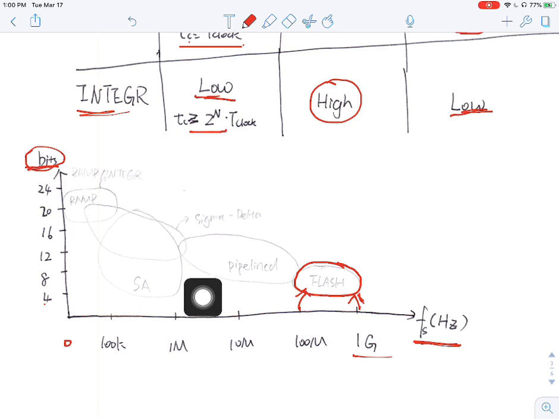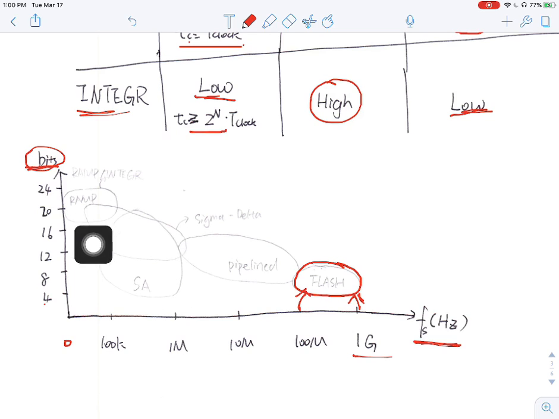If we go to even lower sampling frequencies, we have this successive approximation ADC that can vary from 4-bit all the way to 20-bit. So it has a wide range, but quite low sampling frequency.